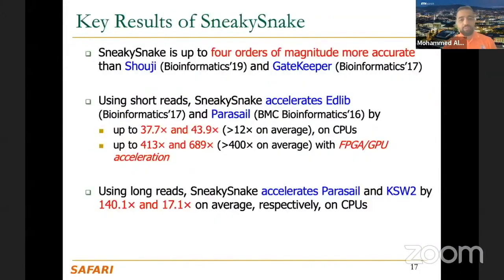Hopefully by that we cover most of the things about SneakySnake. We observe up to 4 orders of magnitude more accuracy than Shouji and GateKeeper. And then we accelerate EDlib, which is one of the best or the best performing implementation of Myers' bit-vector algorithm. They have a lot of configurations for local, glocal, and global alignment.